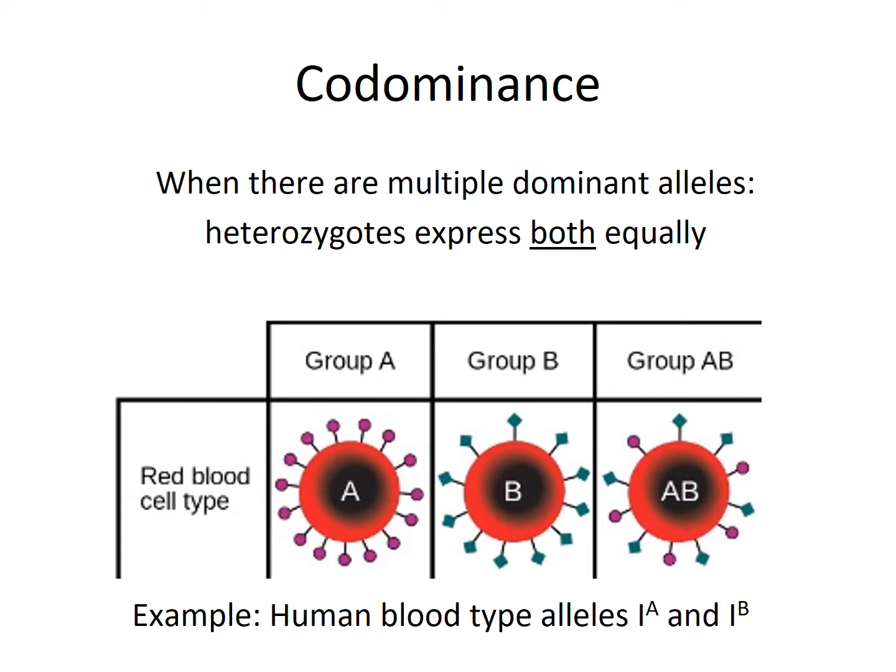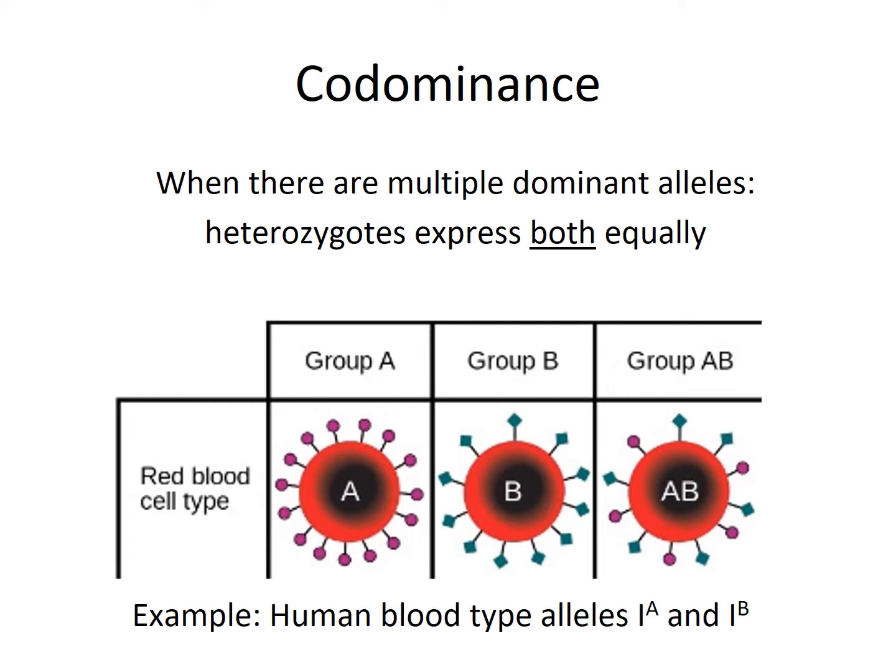The blood type AB exists because the allele underlying the A antigen on red blood cells is dominant, and so is the allele underlying the expression of the B antigen on red blood cells.